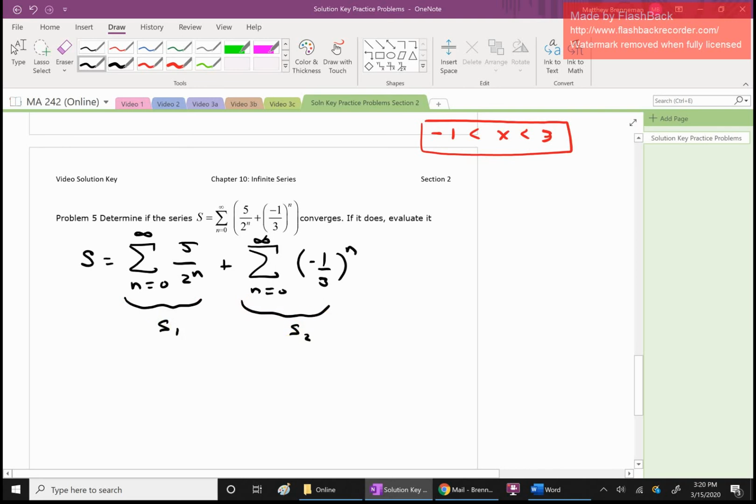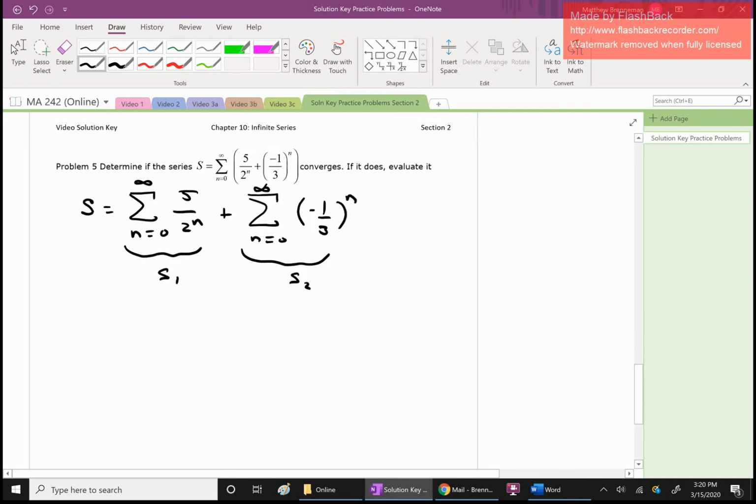And so S1 is actually quite easy. S1 is a straightforward geometric series, right? So if we look at S1, I can write it as 5 times the infinite series n equals 0 to infinity of 1 over 2 to the n.